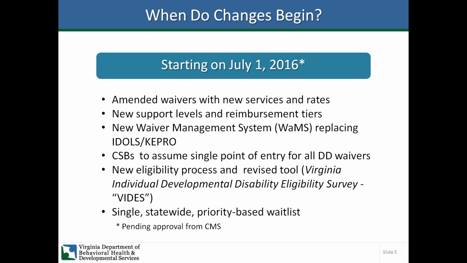The eligibility determiner for functional eligibility will be the revised tool, the VIDES, which is an acronym for the Virginia Individual Developmental Disability Eligibility Survey. And we will have a single statewide priority-based waiting list. I'm going to talk about a number of these elements in future slides.